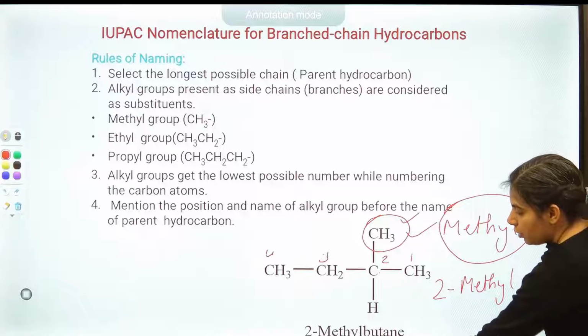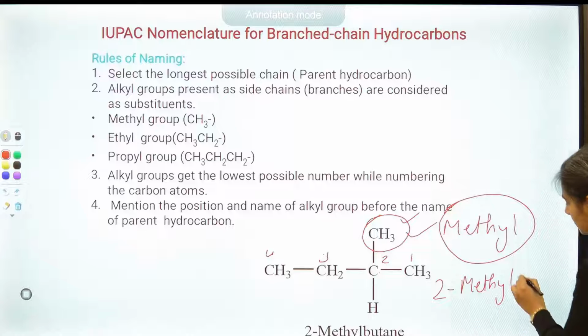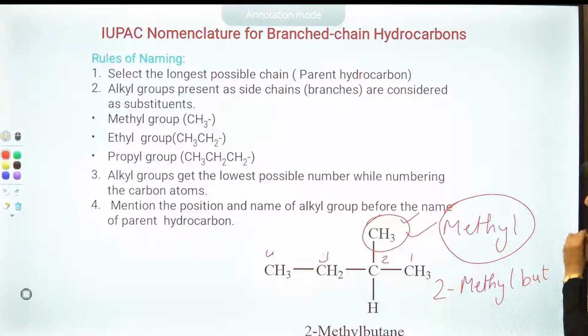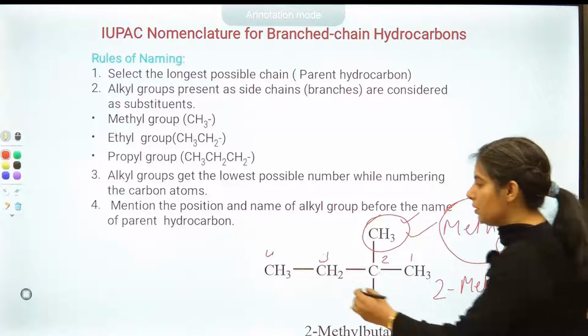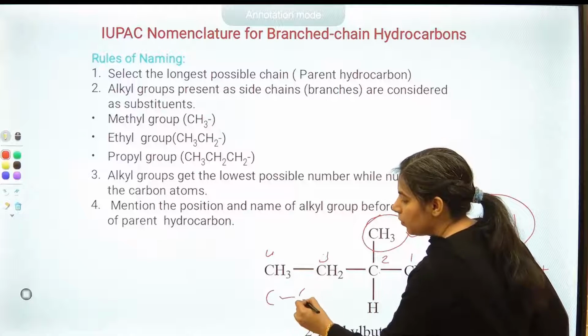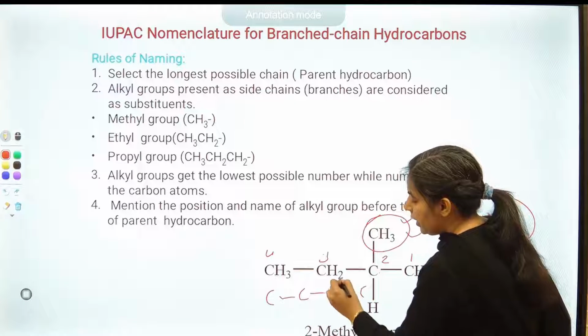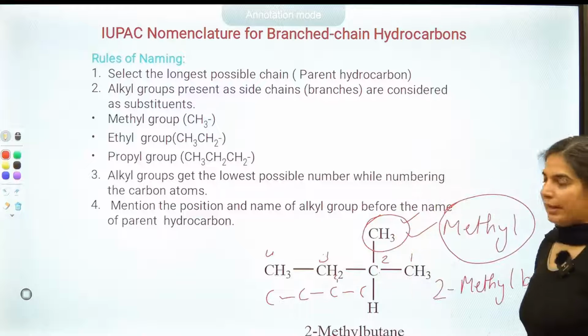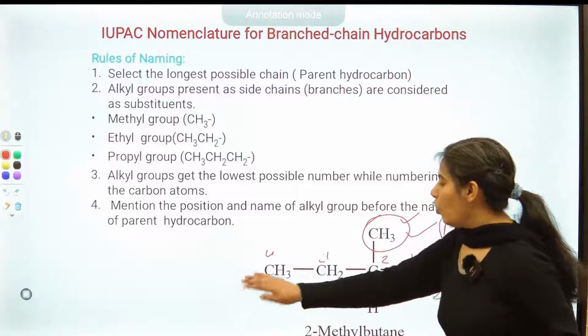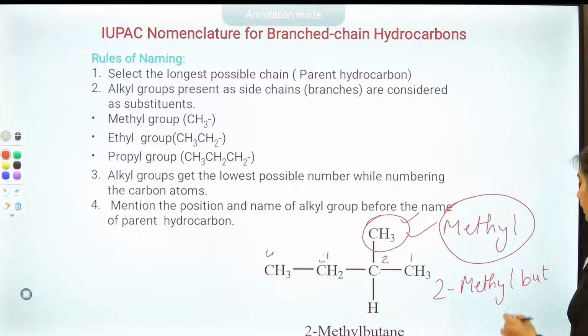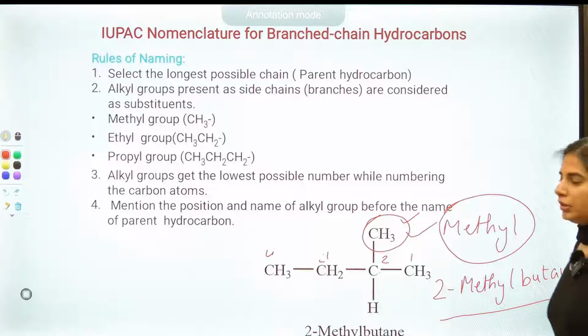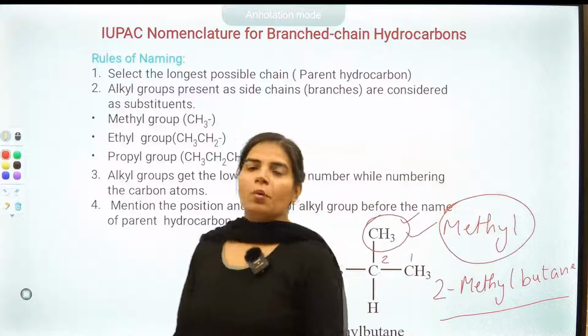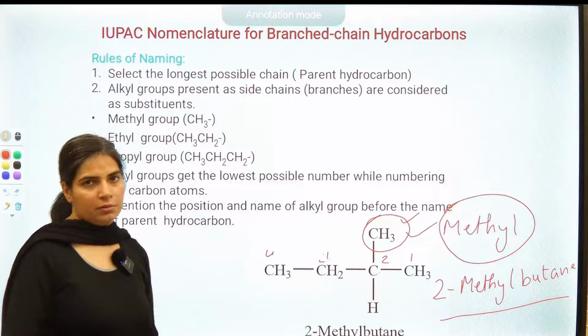So here is the but, and all the carbons are having single bonds. There is a single bond situated in each case. So for single bond we will use ane. So we come up with the name 2-methyl-butane.